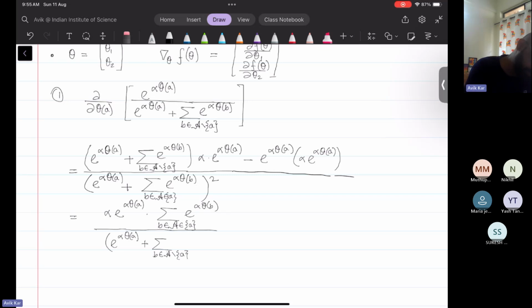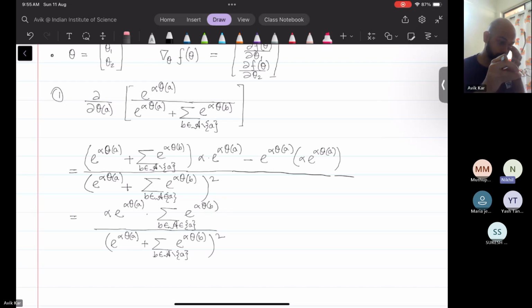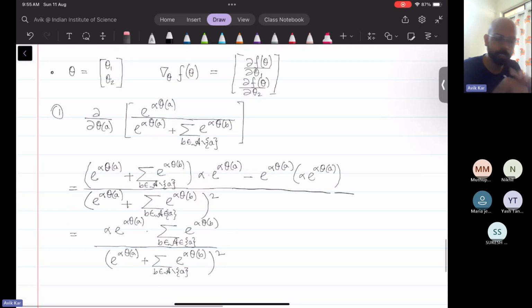Can you simplify this further? Any idea? In the lecture videos, they have done it slightly differently. They have taken a log, which simplifies this calculation. Oh okay, so is this the Boltzmann parameterization? I mean, they have called it softmax, not Boltzmann. But essentially, in the first step they take a log.